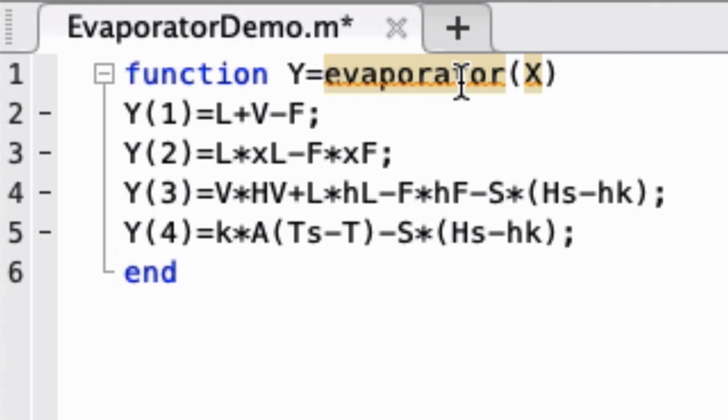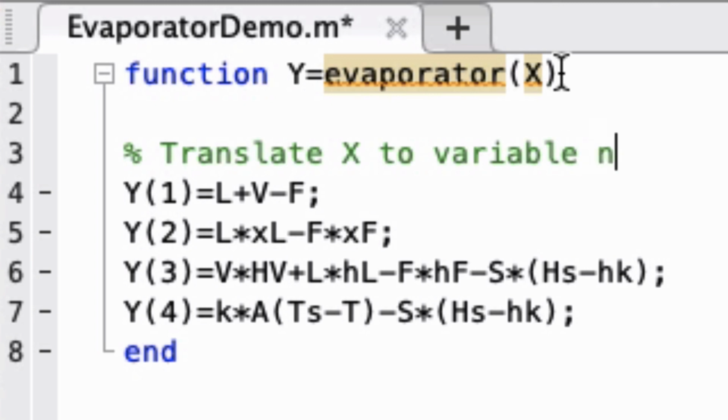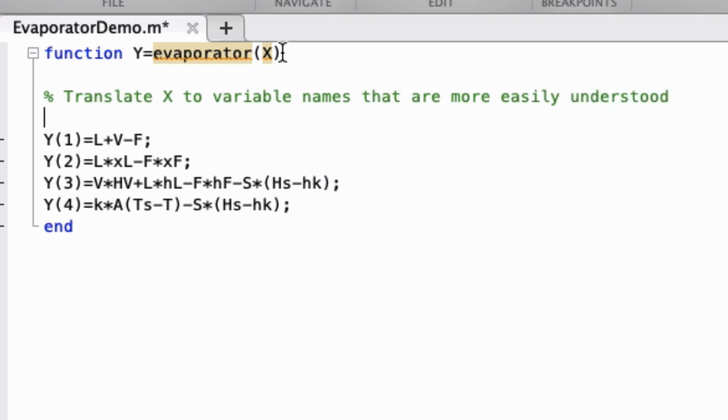But we have to tell this function what L is, right? So we translate x to variable names that are more easily understood. And it doesn't matter in which order we put these.